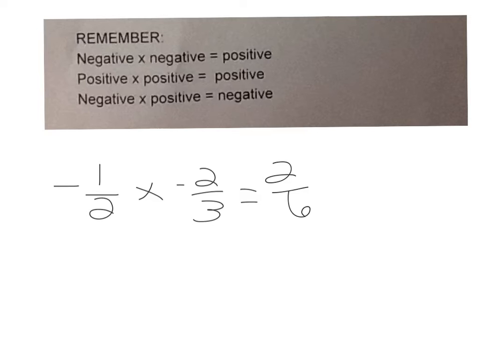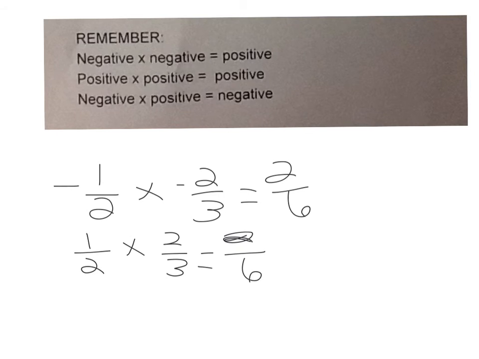All right, so then the next thing is we have to remember our other rule is a positive times a positive equals a positive. Same thing, if we have 1/2 times 2/3, both factors are positive, so my answer will be positive 2/6.